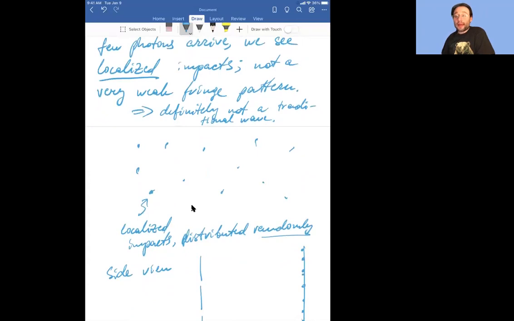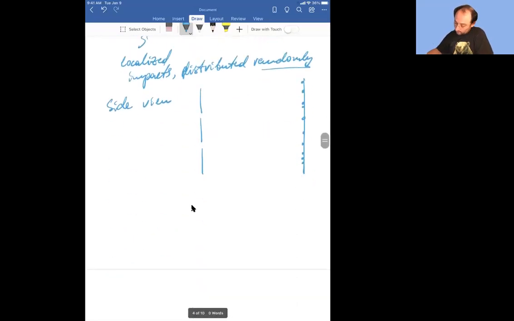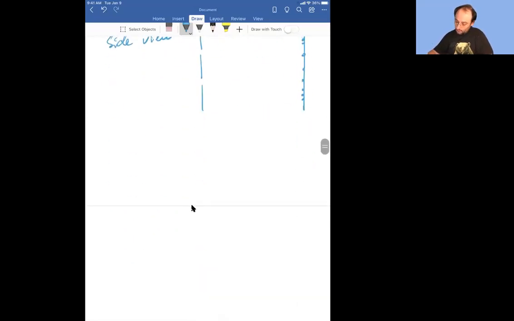What do you expect from the particle picture that this so far suggests? So this is a question to you.